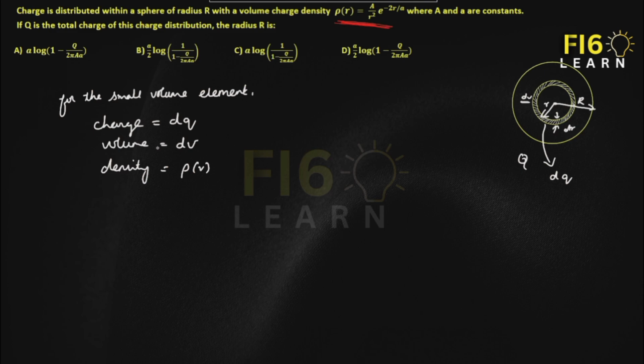Now we have to relate all these things, the formula. What is the formula for volume charge density? Rho of r is equal to the amount of charge contained in a given volume. Just rearrange this, you will get dq equal to rho of r into dV.